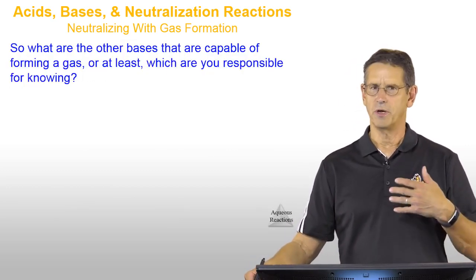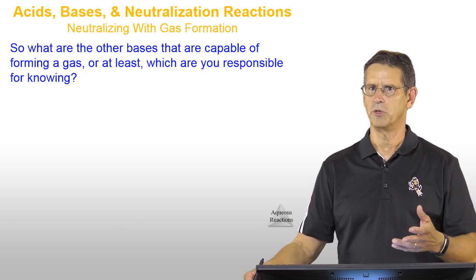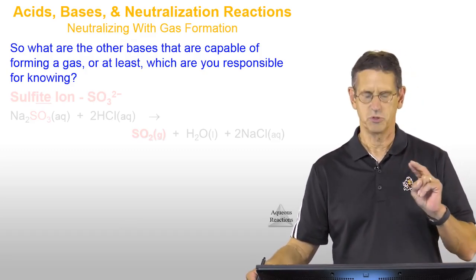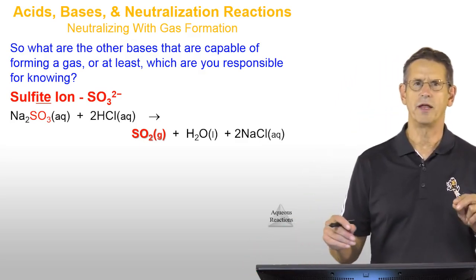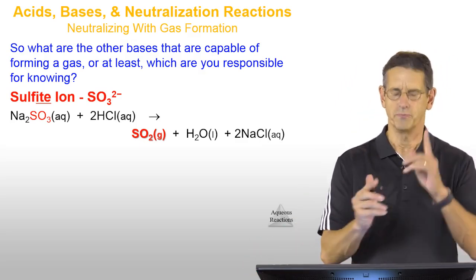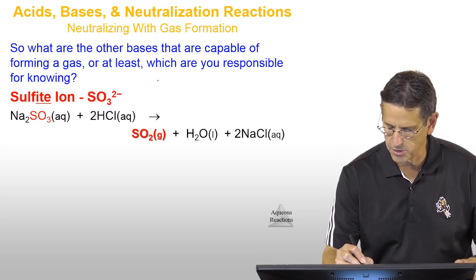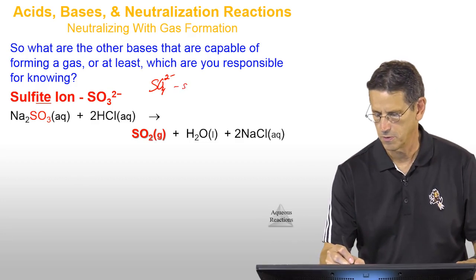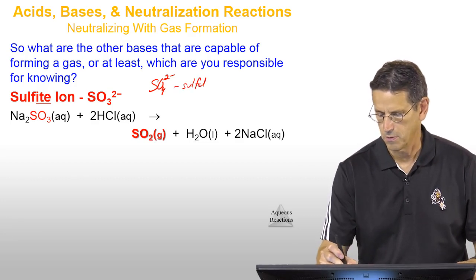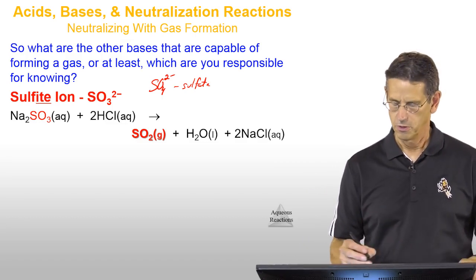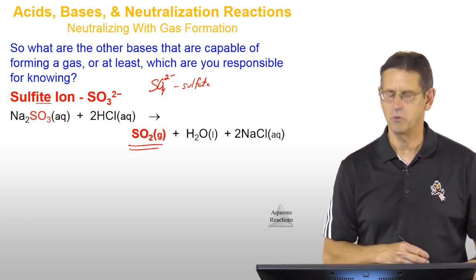What about other potential gas-forming acid-base reactions? There's only going to be two others that you'll be responsible for. That comes about from the sulfite ion, sulfite. Sulfate is SO4 2-. So the sulfite ion, when reacting with an acid, gives us SO2 gas.